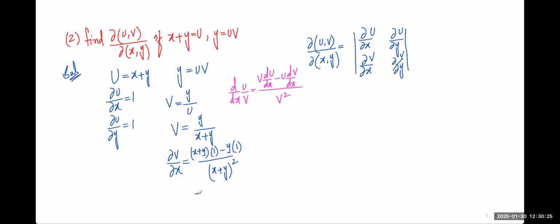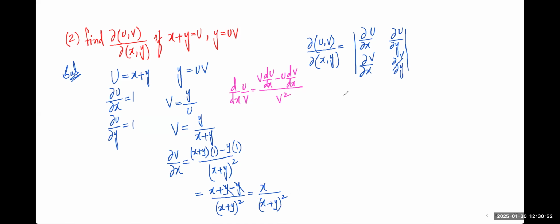So we get our answer: x plus y minus y divided by x plus y whole square. And we already know that plus y and minus y will cancel here. So we get x by x plus y whole square.